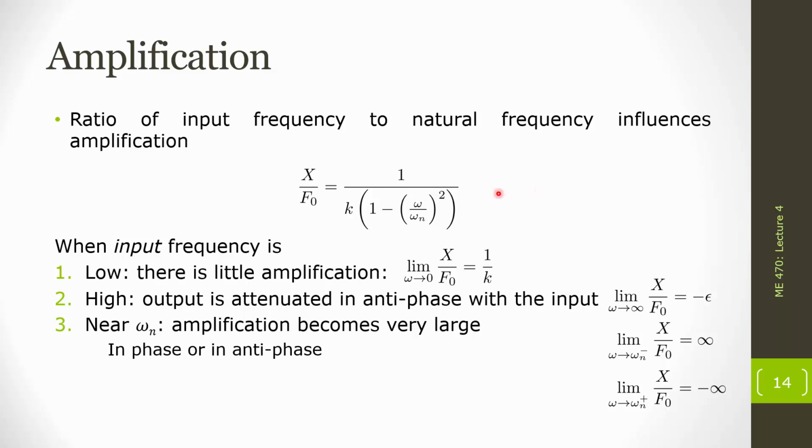Alternatively, if our driving frequency is a little bit larger than our natural frequency, so it approaches from the right-hand side, then we have 1 minus a number that's a little bit bigger than 1, which is negative, and this ratio is going to approach negative infinity, meaning that the output amplitude will be in antiphase with the input amplitude. The maximum of the forcing will coincide with the minimum of the position, and vice versa.